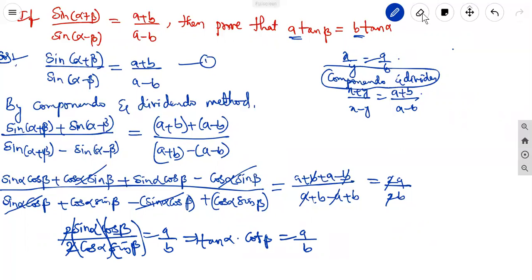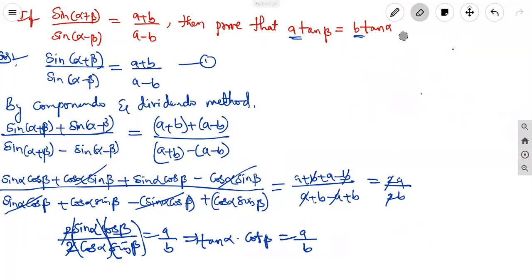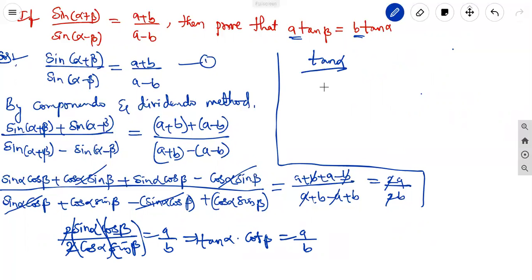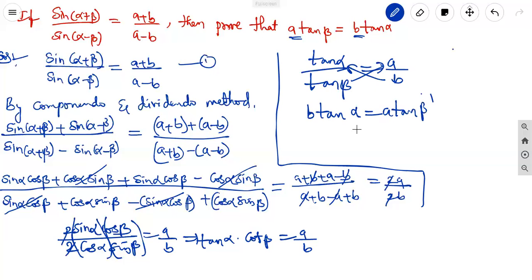From this, tan alpha by tan beta equal to a by b. By cross multiplication, b tan alpha equals a tan beta. That is the proof.